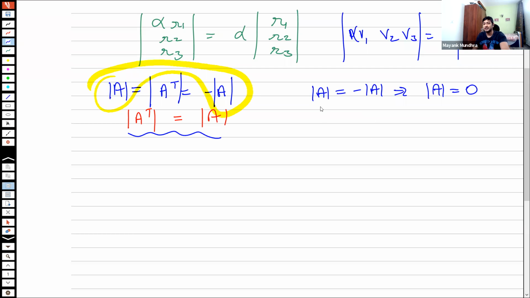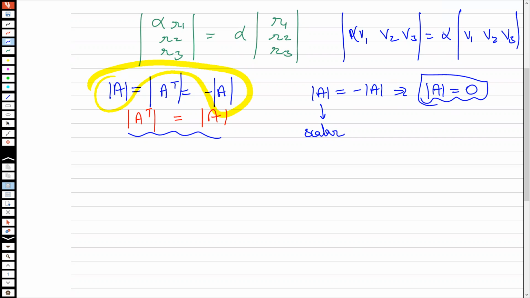Remember, determinant is a scalar. Determinant is not a vector or a matrix, it's a scalar. So it's a real number. A real number equal to the negative of itself, then the only possibility for the real number is to be 0. Right? This is clear? Yes. Okay.